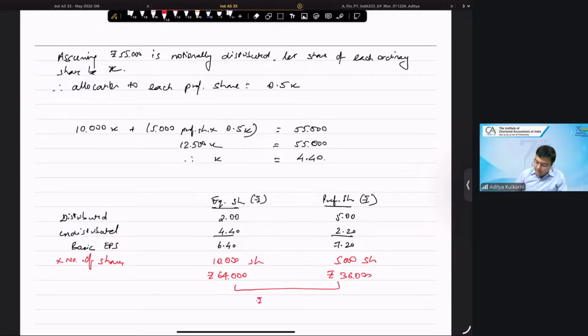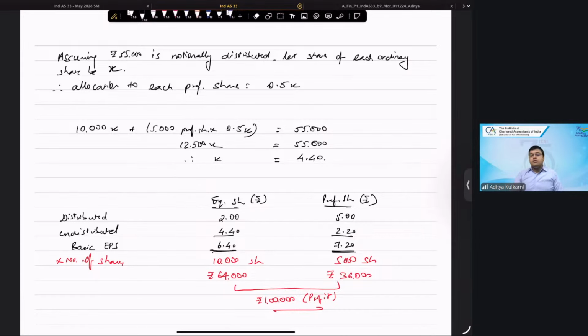When I add together, it comes to rupees 1 lakh, which is the profit. Are you able to understand this? So your basic EPS that you will give as the answer is, for equity shares, 6.4, and for preference shares, 7.2. Are we clear?